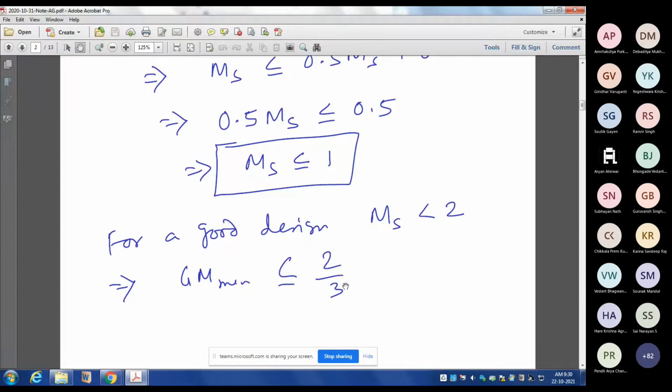And we already saw that with Ms less than 2, the upper side gain margin can be greater than 6 dB. That means you can increase the gain by a factor of 2 at least, and reduce the gain by a factor of 2 by 3.